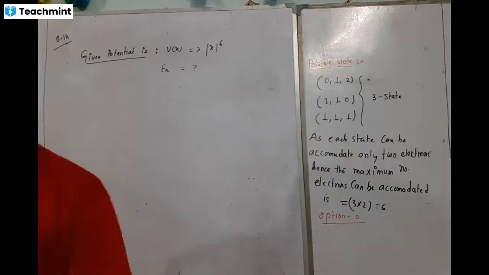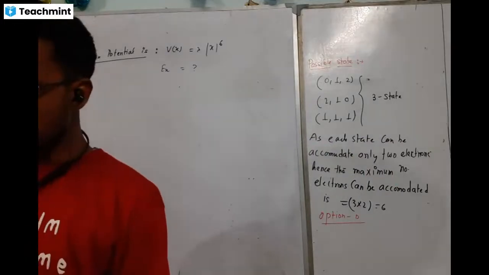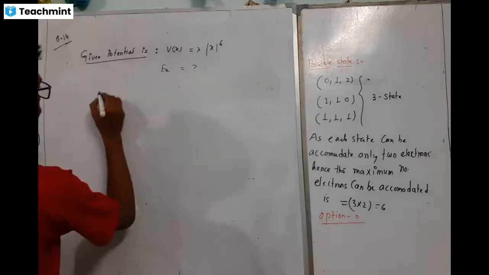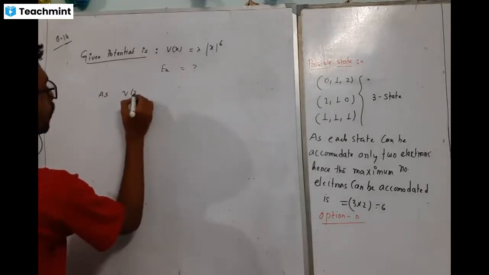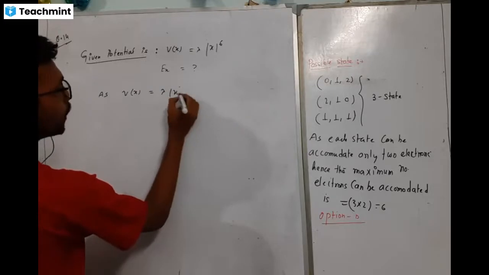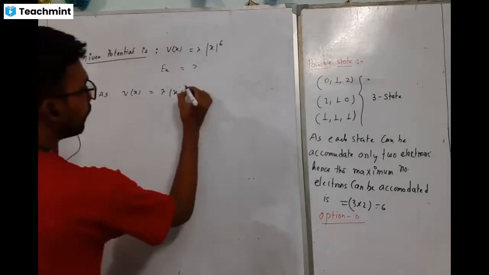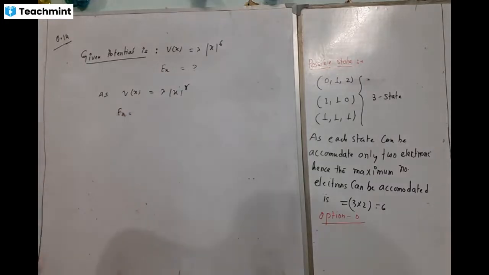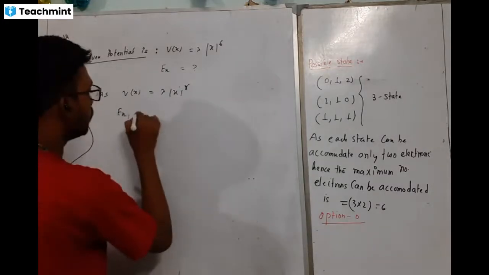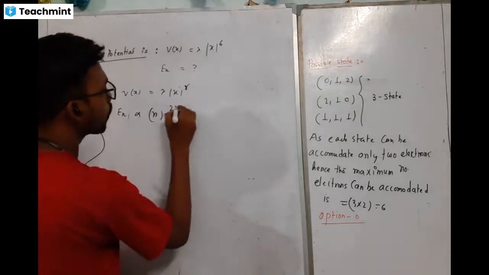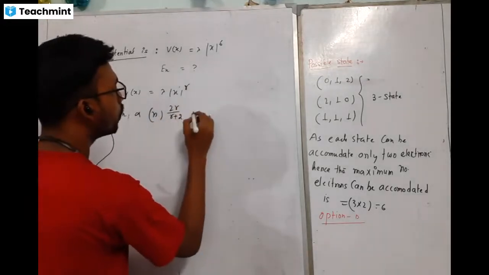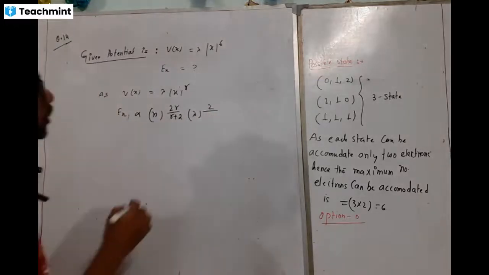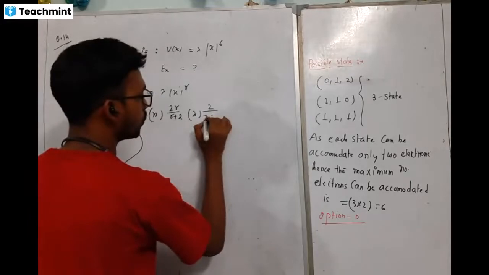As you know the basic formula, if V of x is lambda x to the power r, then the state energy is proportional to n to the power 2r upon r plus 2, and lambda to the power 2 upon r plus 2.